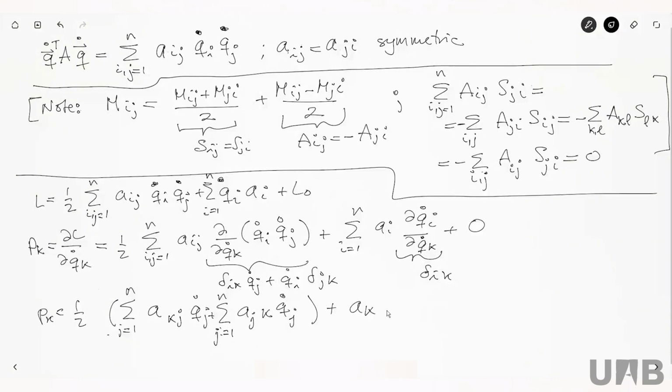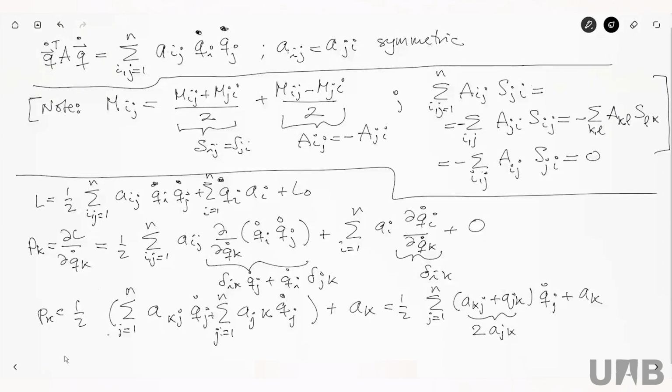Okay? And so therefore I find 1/2 of the sum over j from 1 to n of Akj plus Ajk. Now I can put the two terms together, times q dot j plus ak. But remember that these guys were symmetric. So that's why I had to make this point at the beginning. They are symmetric. So therefore, they are twice one of them.